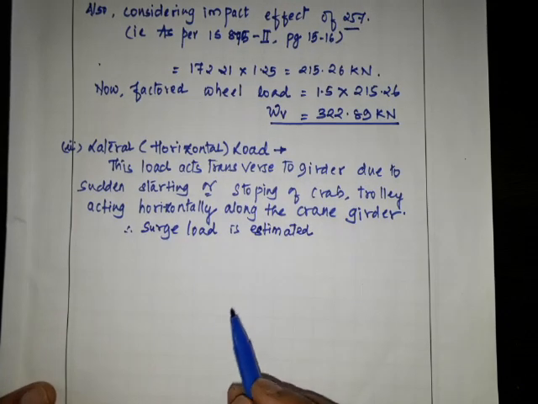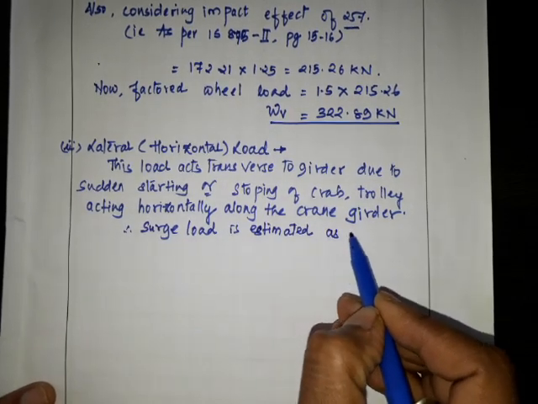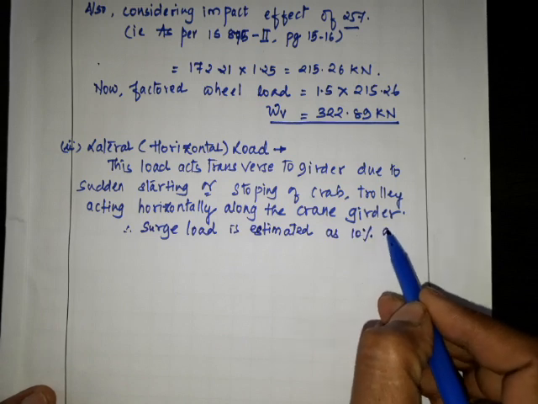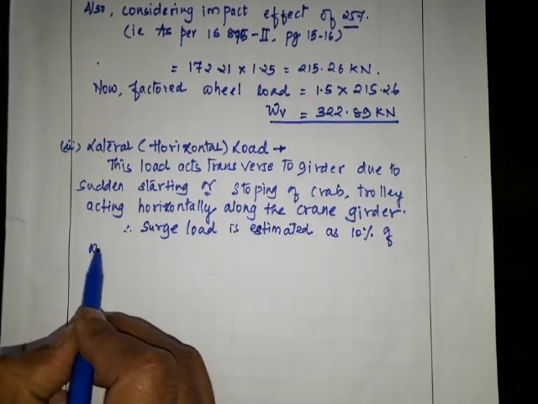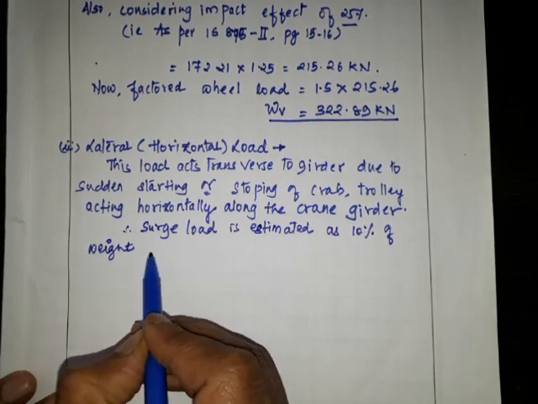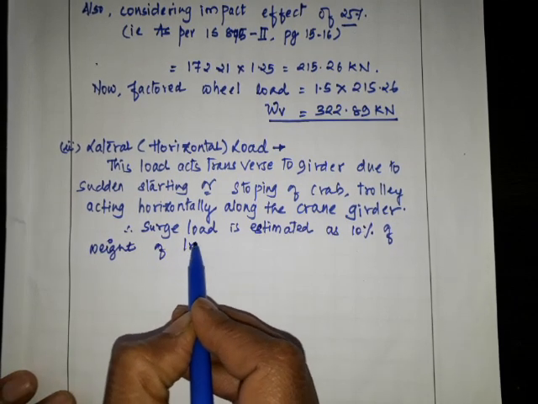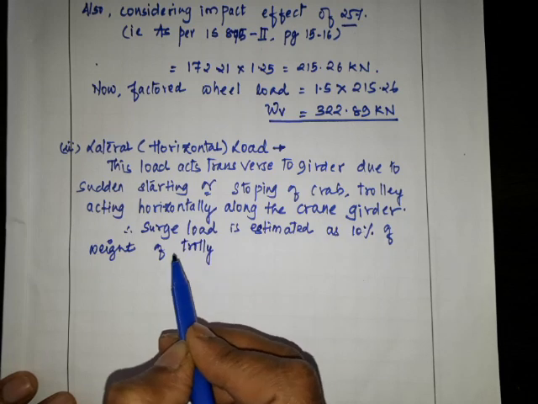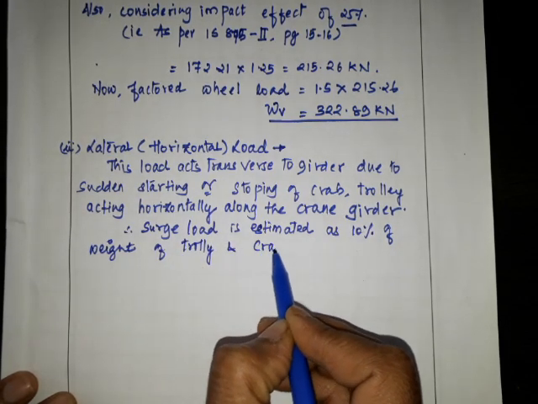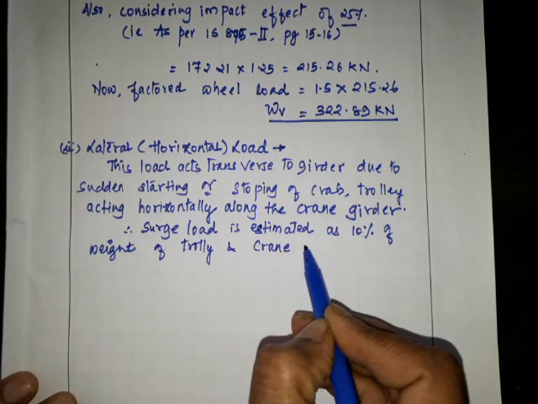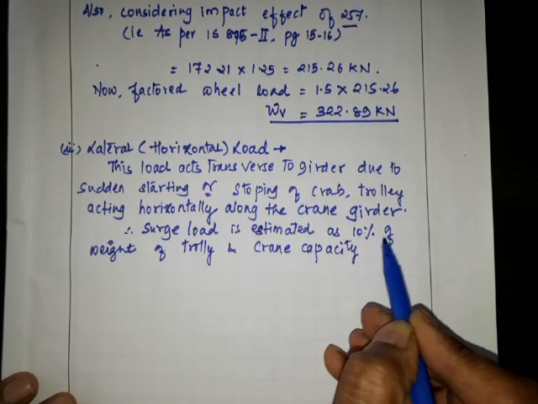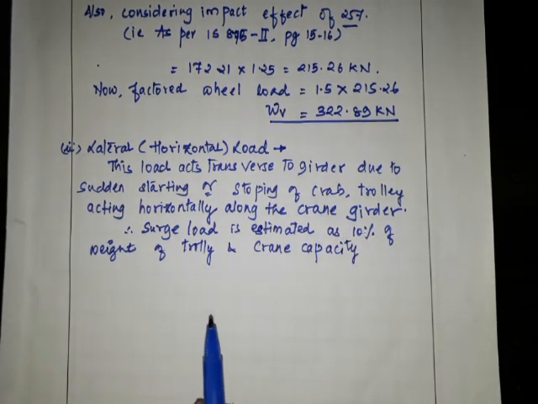Surge load is estimated as 10% of the weight of the trolley and crane capacity. You have to consider 10% of the weight of the trolley and crane capacity.